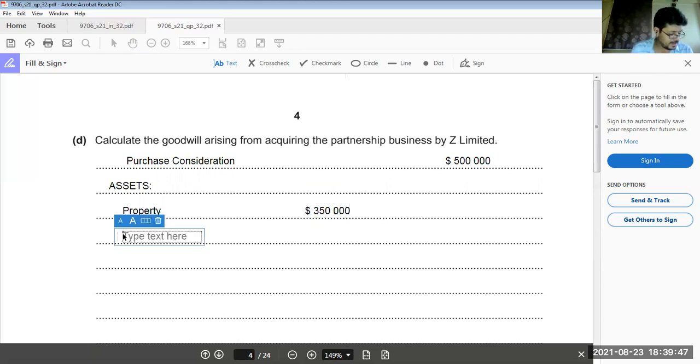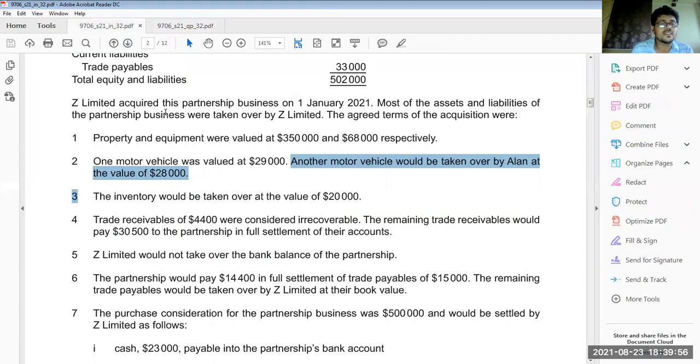After property, there was equipment. The value of equipment is 68,000.